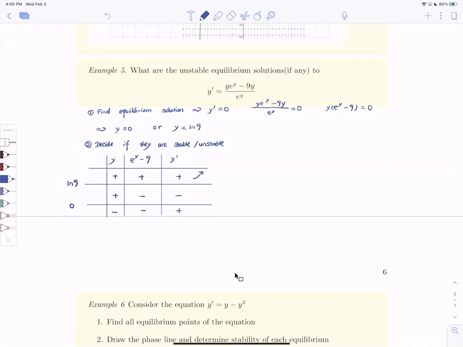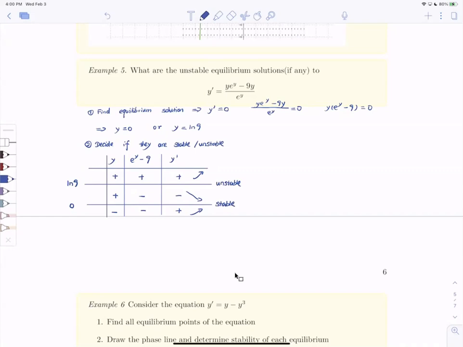When it's negative, it's going down. And when it's positive, it's going up. So at this equilibrium solution, one is going up, one is going down, so they are not approaching it. So this one is unstable. And at 0, you have two approaching it, so this one is stable. That's one way of looking at this.